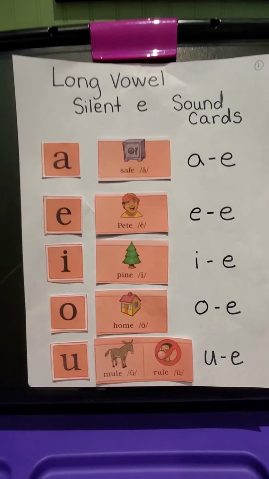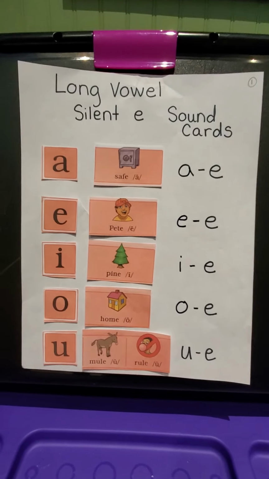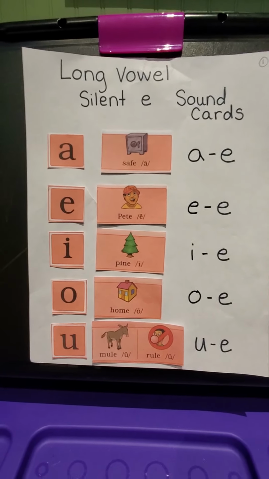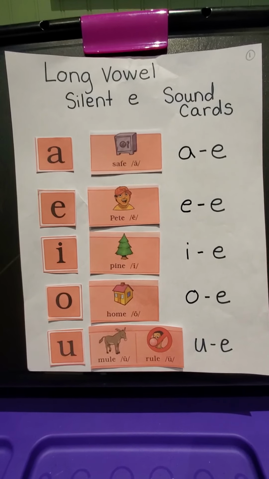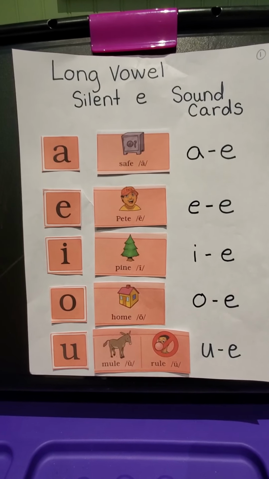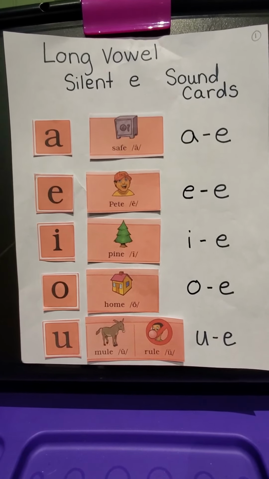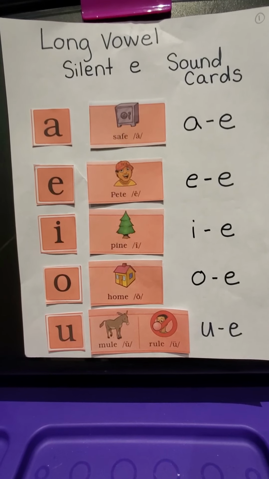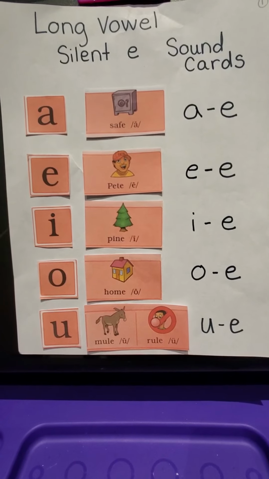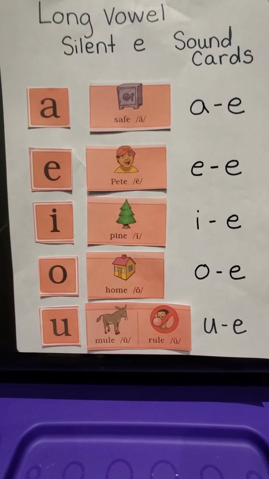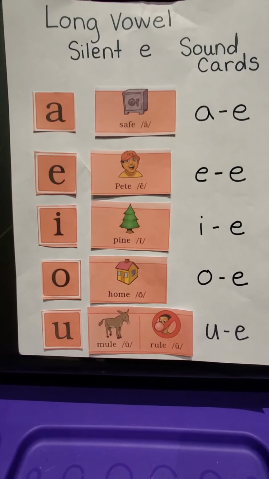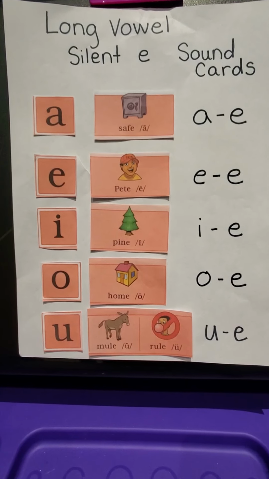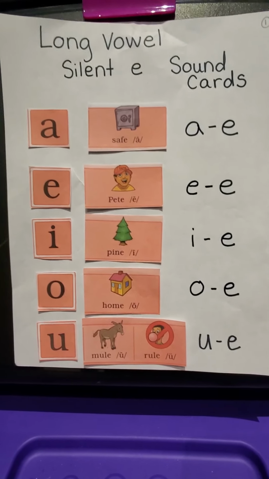Okay, let's move on to the long vowel silent E sound and how we write it. Because when I first made this video, I said you didn't have to worry about writing it because you only have to write it like this on a test and we're not taking a test. Well, back then I didn't know that we had to take the Fundations test. It wasn't up to me.